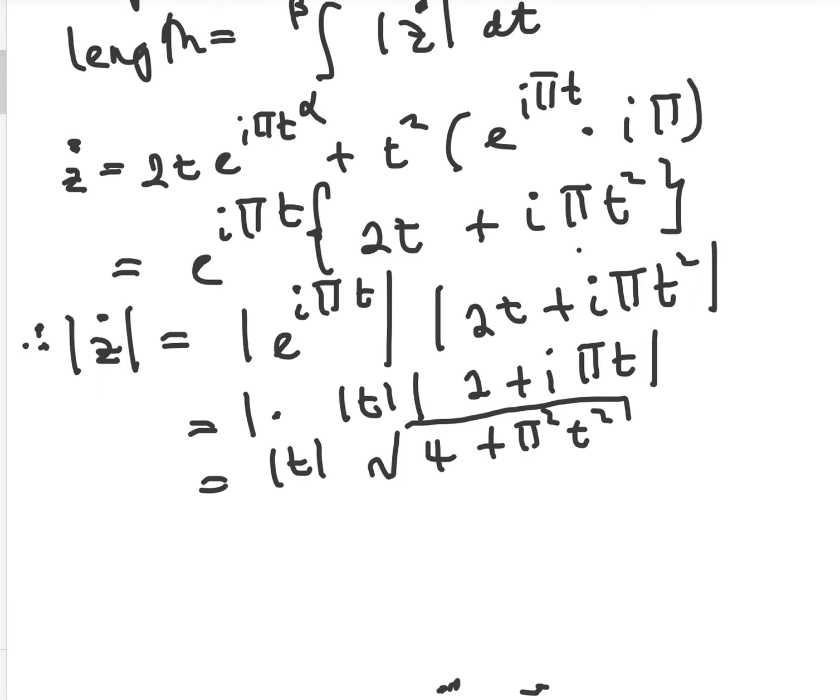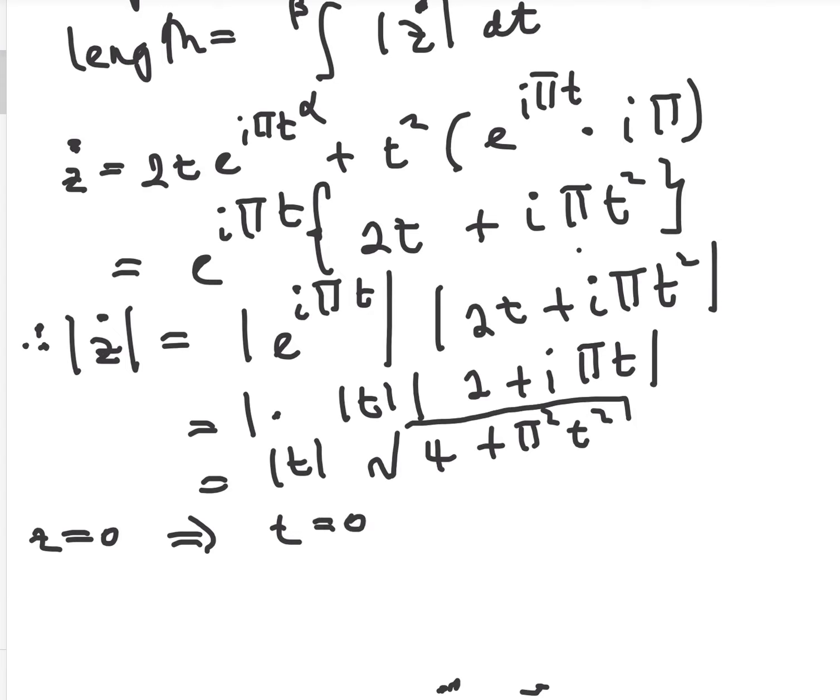We integrate this between alpha and beta. Alpha and beta have to be computed. Alpha is the t value that comes from the initial point z equal to 0, and beta is the t value that gives rise to the z point minus 1. So z equal to 0, that's the initial point, implies, and you can easily check this, that t equals 0.